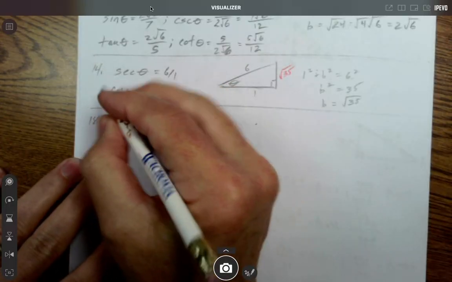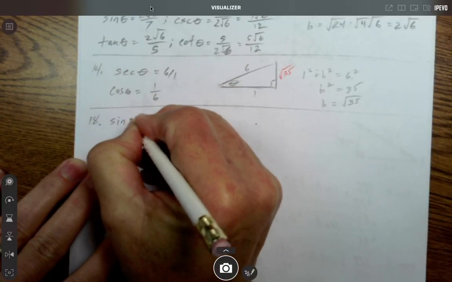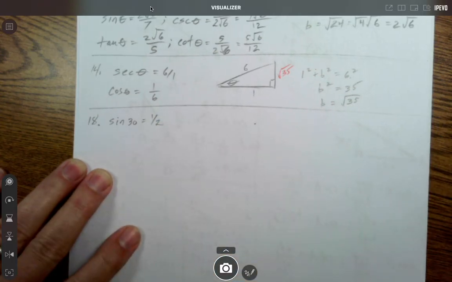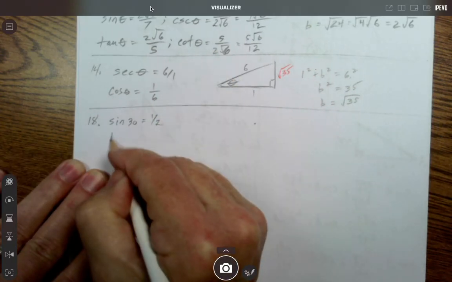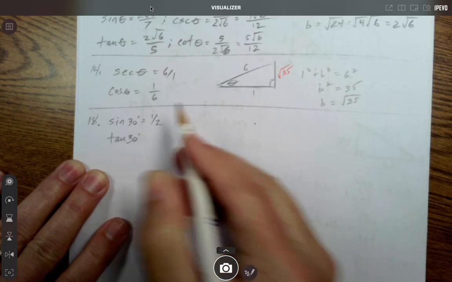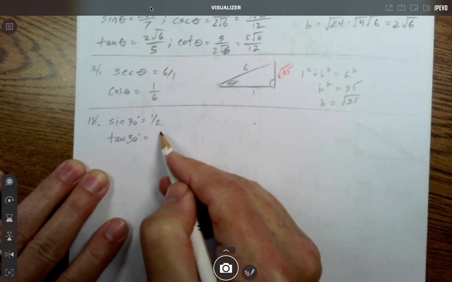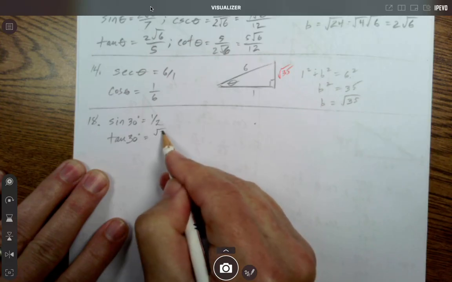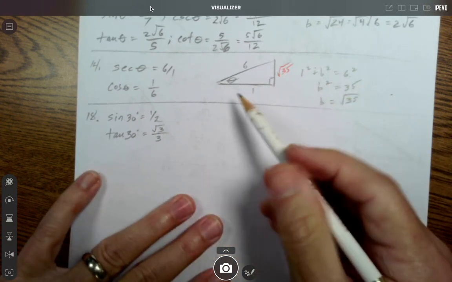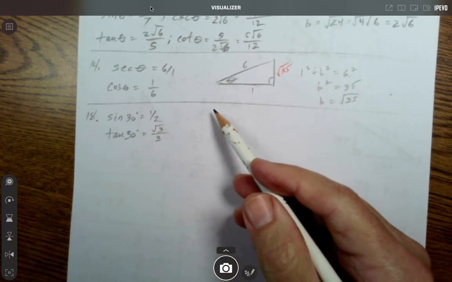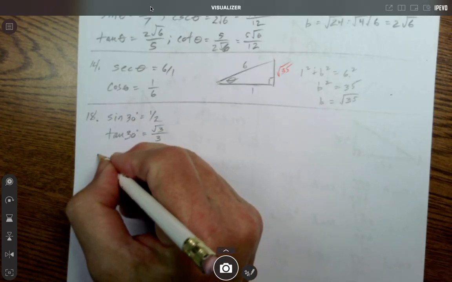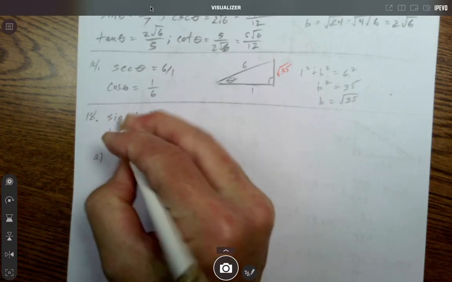So 18 is sine of 30 is a half, and tangent of 30 is square root of 3 over 3. All right, so now let me write down what I'm supposed to find. I'm supposed to find the cosecant. A is the cosecant of 30.